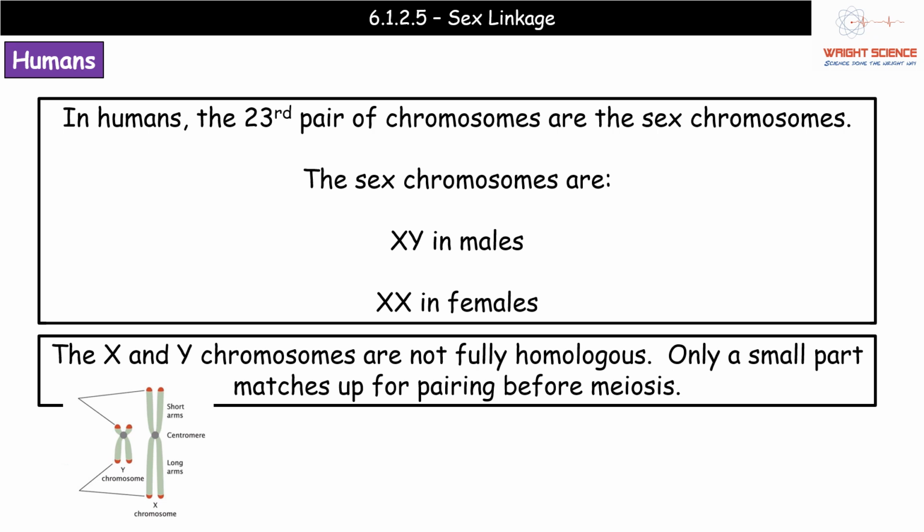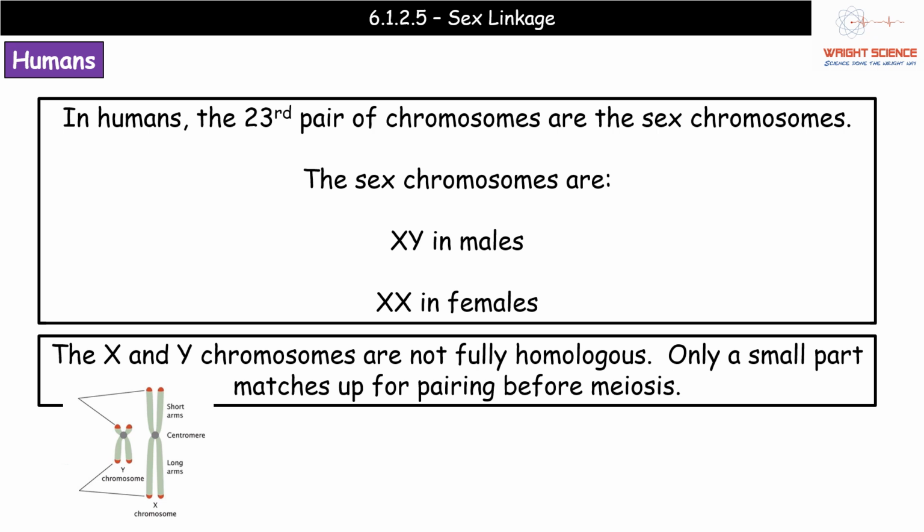Now, when we think about homologous chromosomes, then generally what we're saying there is that these two chromosomes match up. And when you look at those karyotypes, the pictures of the chromosomes, they kind of look the same, with the exception of this 23rd pair, the X and Y. Now, they're not fully homologous.